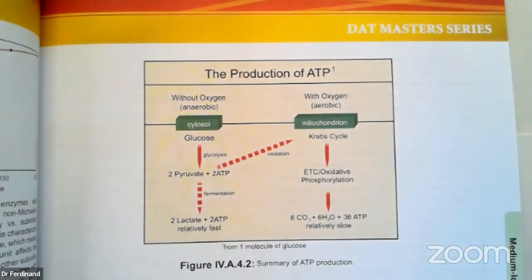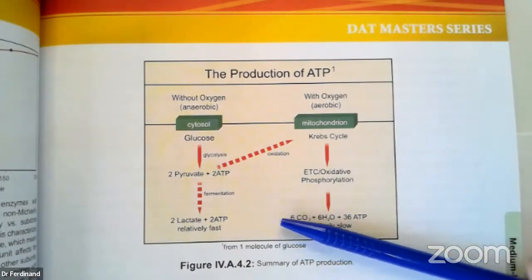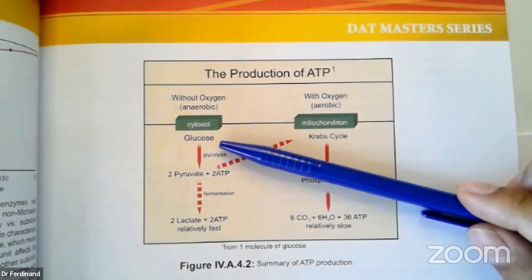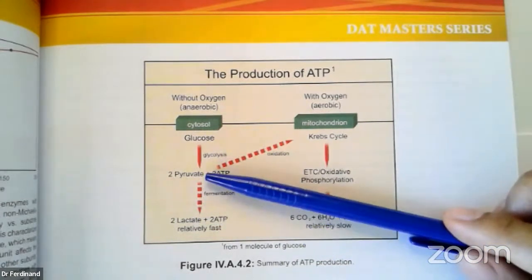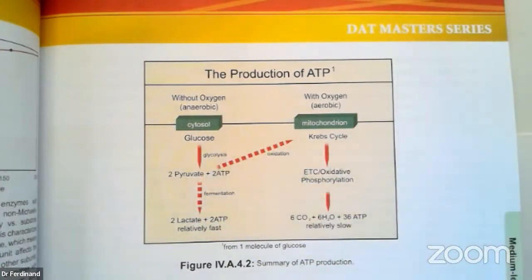So glucose, a 6-carbon compound, is broken apart into 2 pyruvate, which is a 3-carbon compound, and it goes through the pathway of glycolysis with trioses being produced.